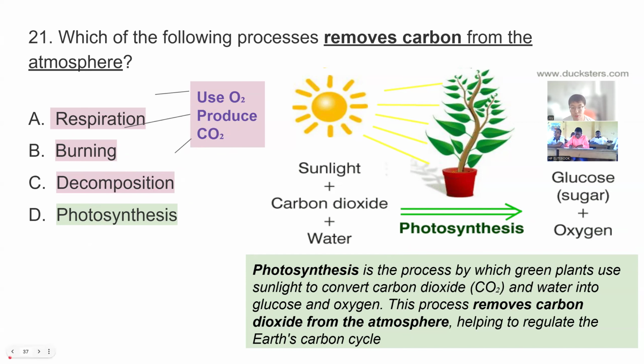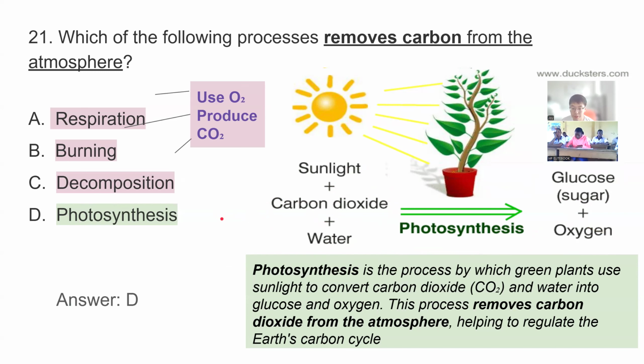So it would not be removing carbon from the atmosphere. Photosynthesis is the only one that removes carbon from the atmosphere as it takes carbon dioxide, water, and sunlight to produce sugar and oxygen.